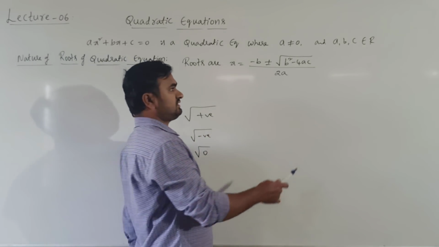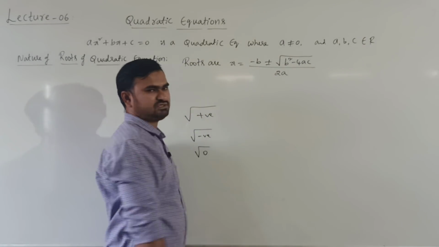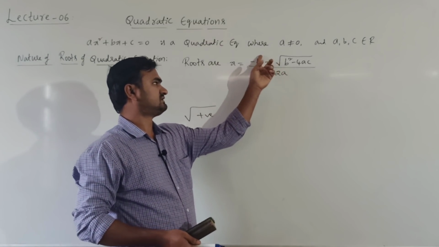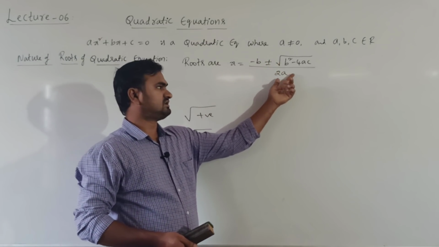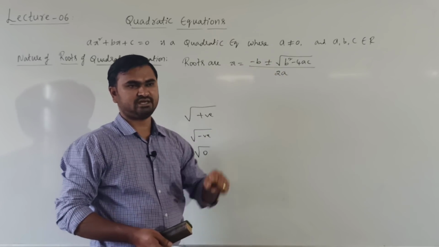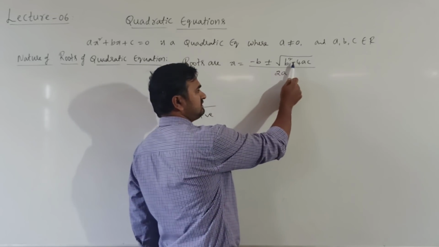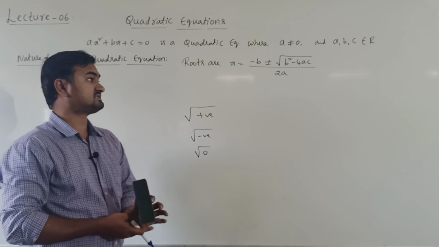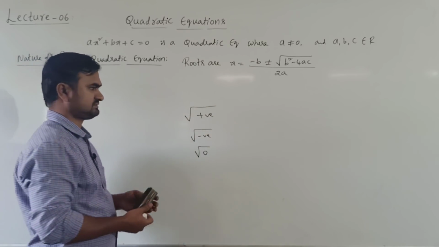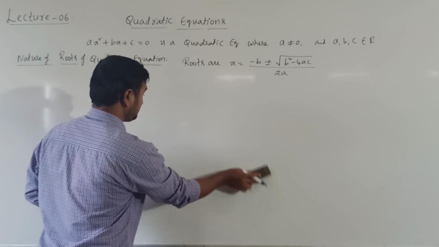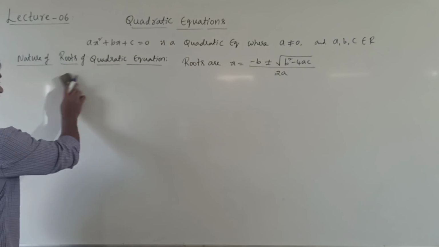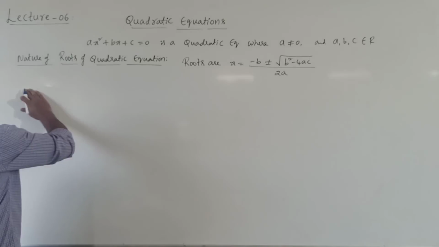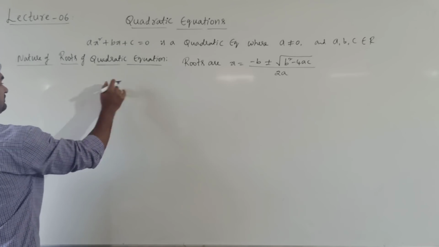So based on b² − 4ac we can decide the nature of roots. a and b are already real numbers and a is not equal to 0, so there is no condition on a and b. The only thing it depends on is b² − 4ac, which is called the discriminant of the quadratic equation, since based on it we decide the nature of the roots.